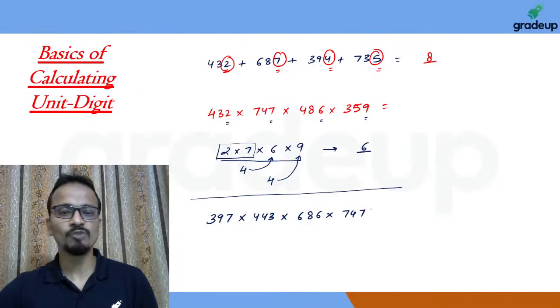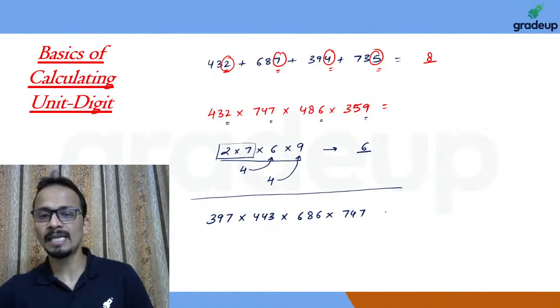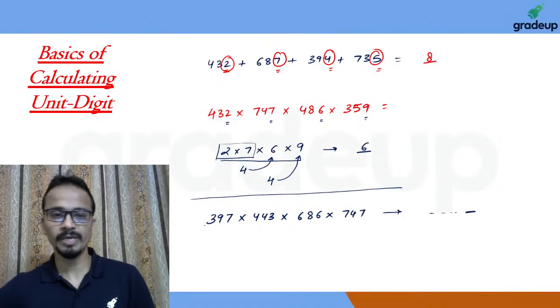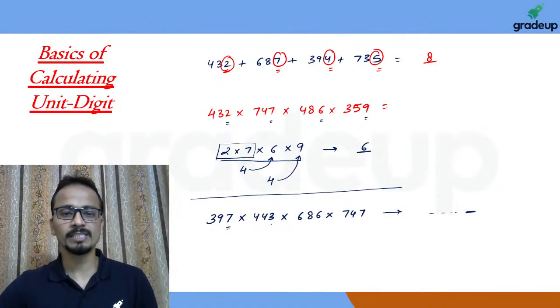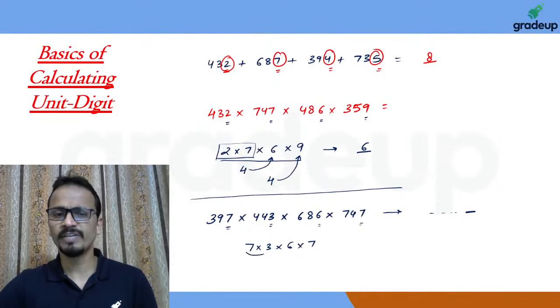I have to multiply these four numbers and write the unit digit of the result. So I'll just consider the unit digits here: 7, 3, 6 and 7. So 7 into 3 into 6 into 7. 7 into 3 will give me 21 and 1 as the unit digit. Then 1 multiplied by 6, the unit digit here will be 6.